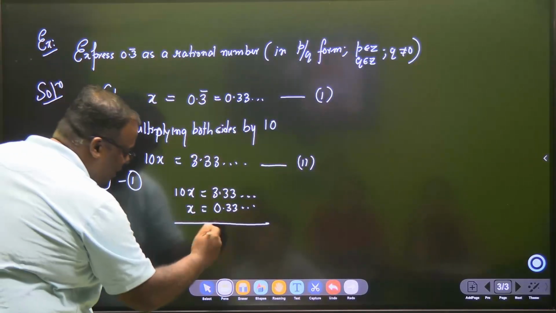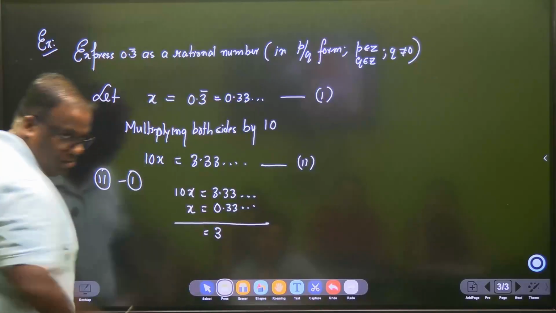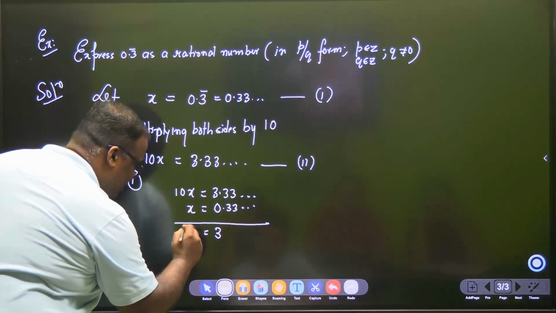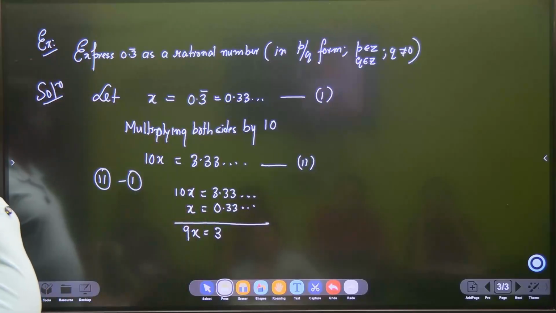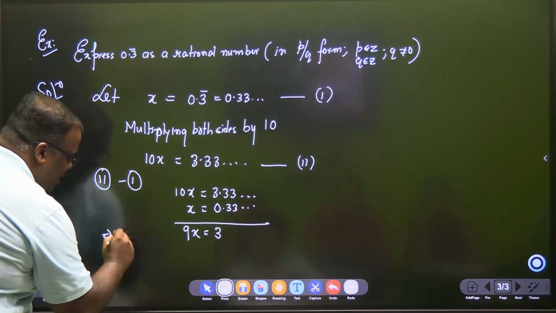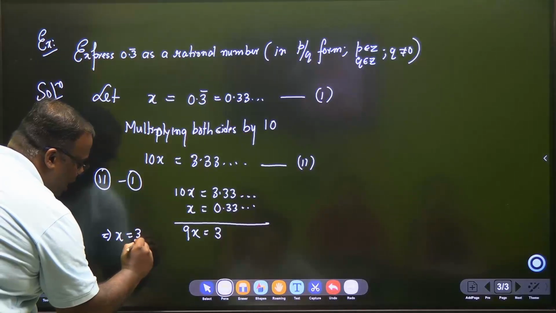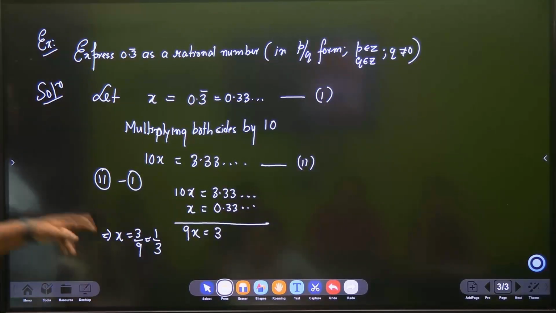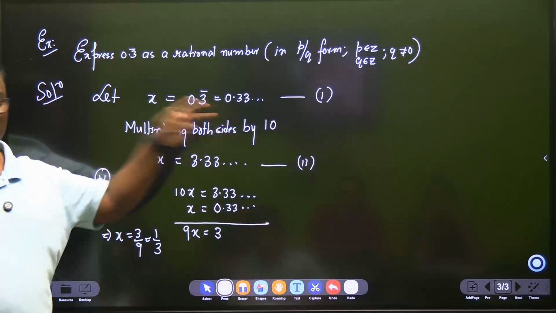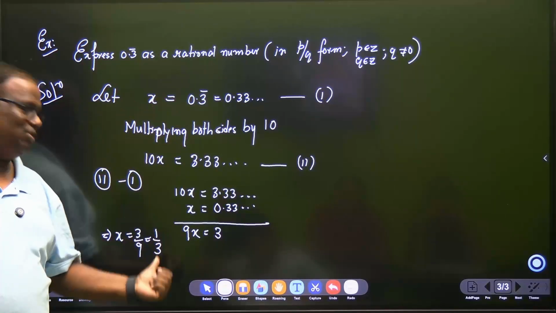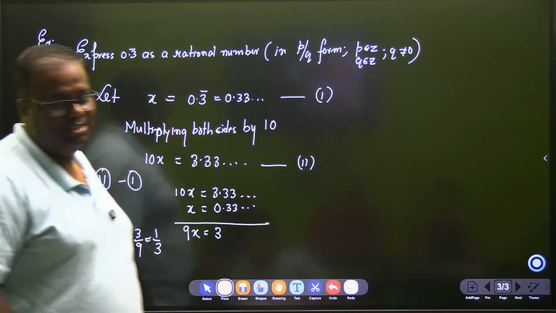What I'm left with is 3 on this side, and on this side 9x. Agreed? Further, I can write x equal to 3 upon 9, which is equal to 1 upon 3. And you tell me, wasn't 1 by 3 equal to 0.33? You only corrected me. 10 by 3 was 3.33. So 0.33 should be 1.33. That's how we get it.